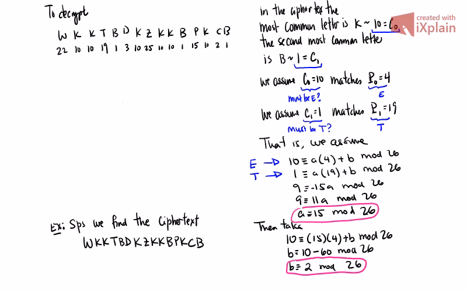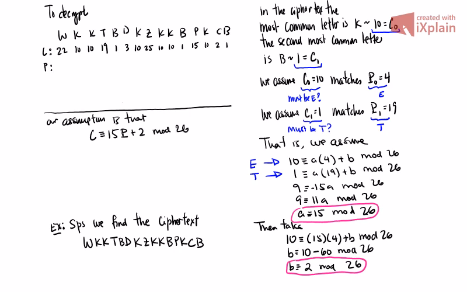So in this case, the second row that we've got here, this is the ciphertext. So then we need to find the plain text in each case. What I didn't do yet is write down the formula for the plain text. So let me do this down here at the bottom and then we'll go back up. So our assumption here, or what we think is the case given the A and the B, is that the ciphertext C is 15 times the plain text plus 2 mod 26.